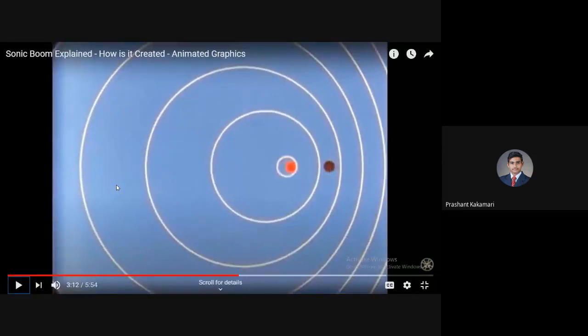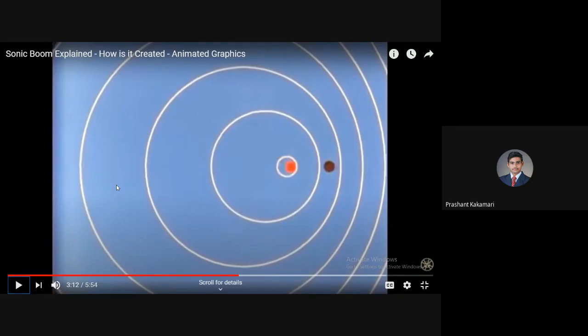Now see the sound waves, how he is hearing one after the other continuously when the body is coming near to the observer, when the Mach number is less than 1, not 0. The body is moving continuously. For example, you can assume a helicopter is moving. When it comes near to the observer, he can hear the sound. Once it leaves the observer, the sound will be heard after some time.